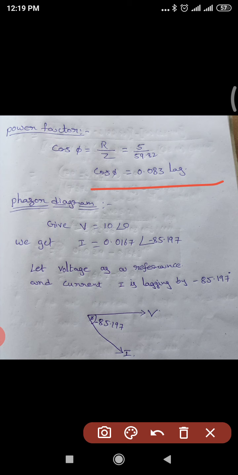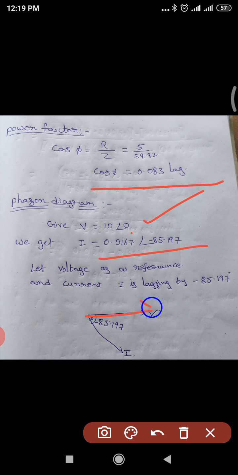Okay, now next the phasor diagram. The voltage value given in the problem is 10 at an angle 0, but the current we calculated is I equal to 0.0167 at an angle minus 85.197. Here the voltage is 10 at an angle 0.